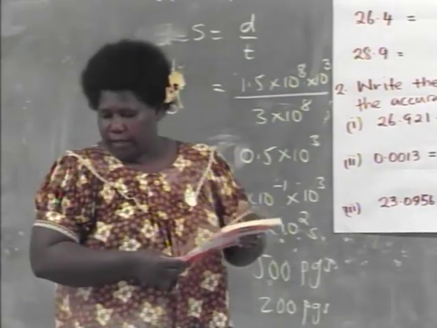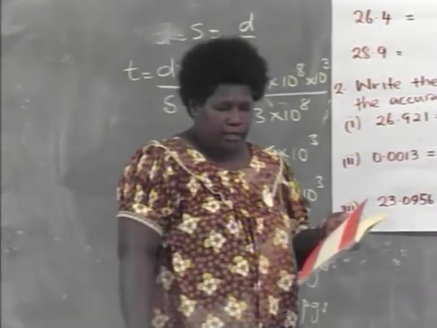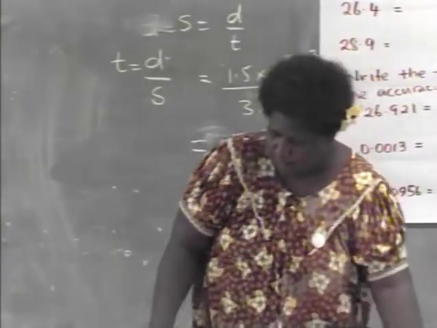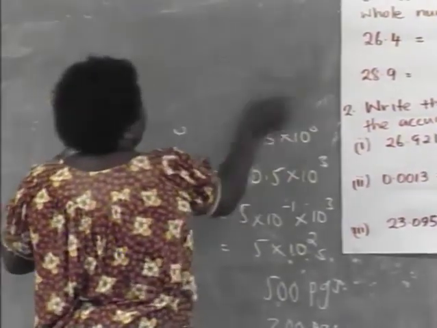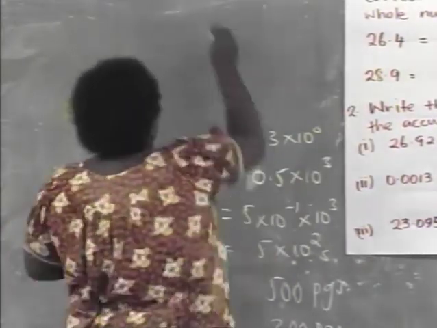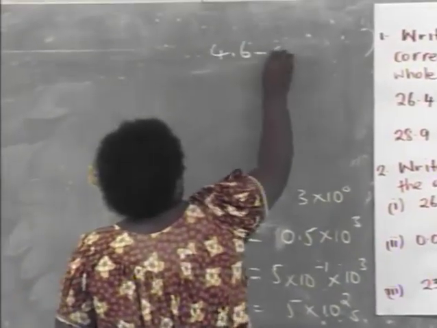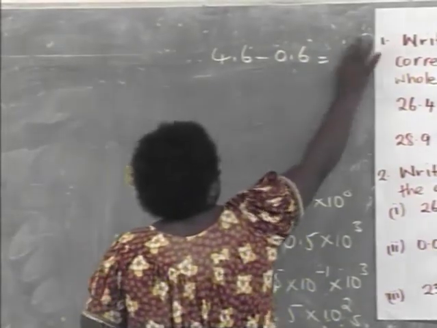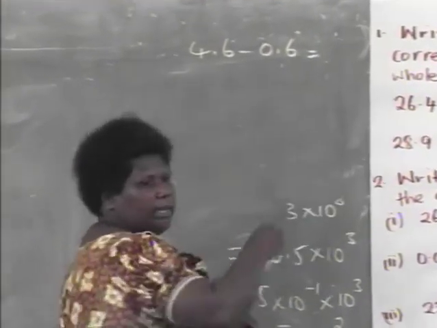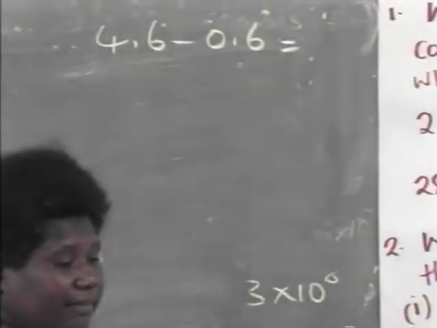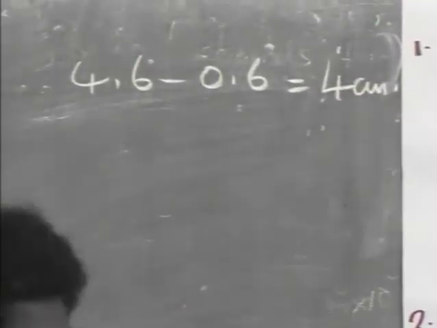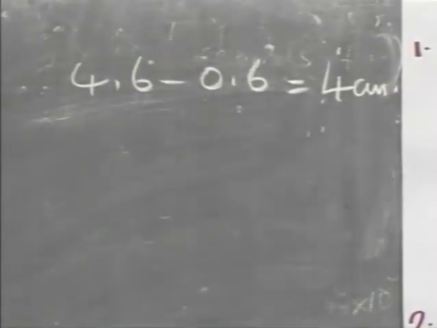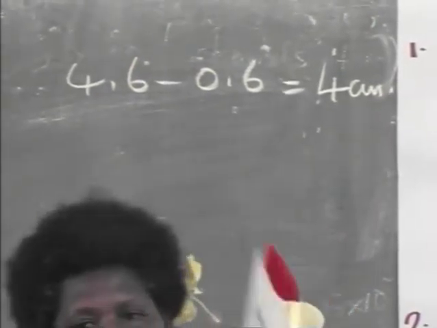So 0.3 plus 0.3 is 0.6. So you remove 0.6 from 4.6. 4.6 take away 0.6, which is the thickness of the covers you are removing, will leave 4 centimeters. That means this is 4 centimeters thick.